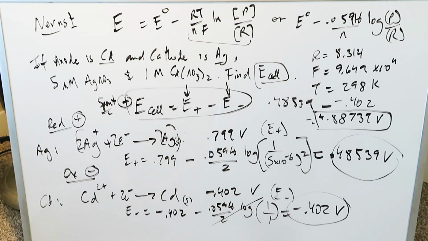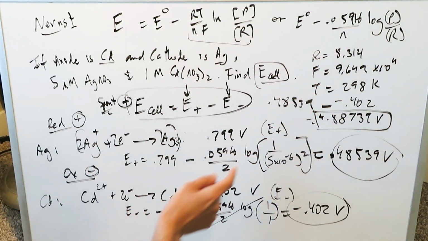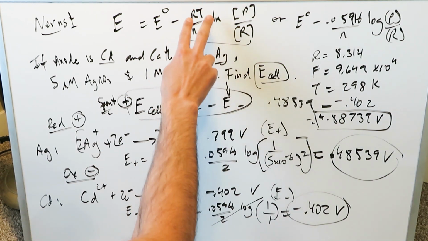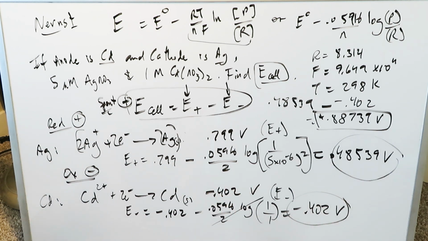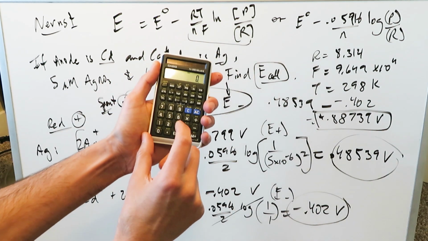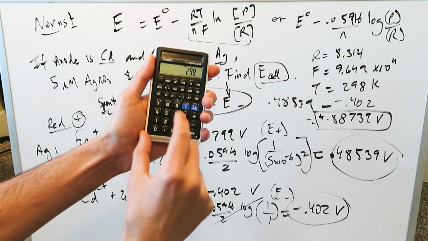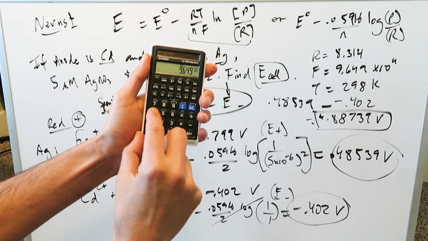When you're looking at the Nernst equation, keep in mind again, this entire expression here can be equivalent to that. The natural log gets converted to the log. This RT over nF becomes 0.05916 by means of that natural log 10 coming into play. Let me show you that. RT over nF: 8.314 times temperature in Kelvin, 298, divided by Faraday's constant, 9.649 times 10 to the 4.